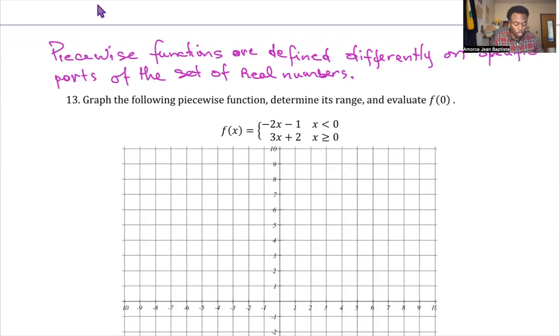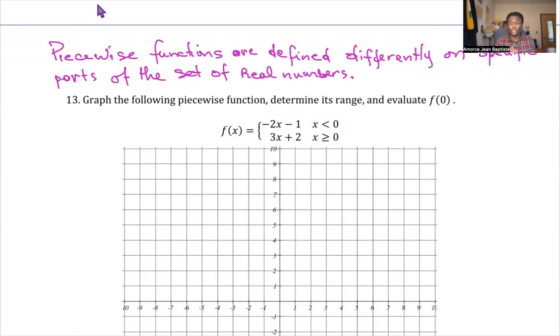What I'm trying to show you is how for this part of the real numbers, you get f of x that is negative 2x minus 1. And then when you take this part, for x greater than or equal to 0, you have a different expression. That could have been any other thing, but both of them are linear.